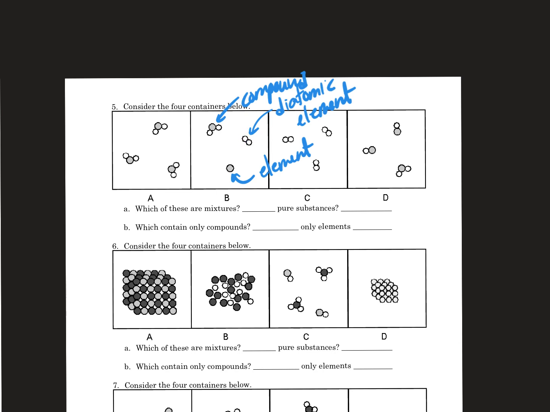The fancy term for that is diatomic. Remember, di means two. Di means two, atomic means atomic. This is a two-atom element. This is a two-atom molecule.